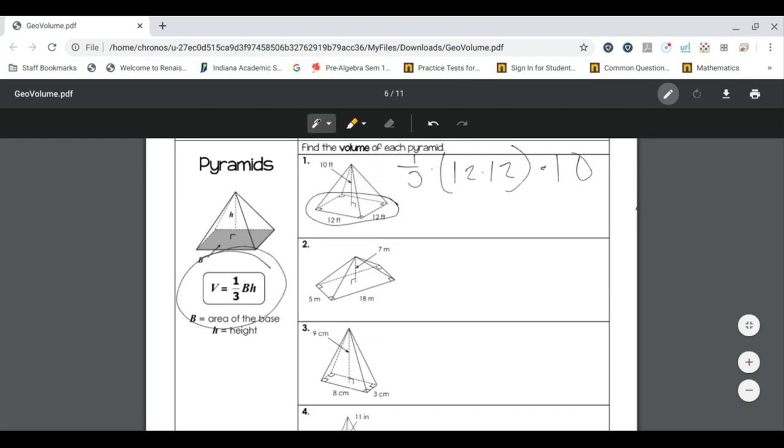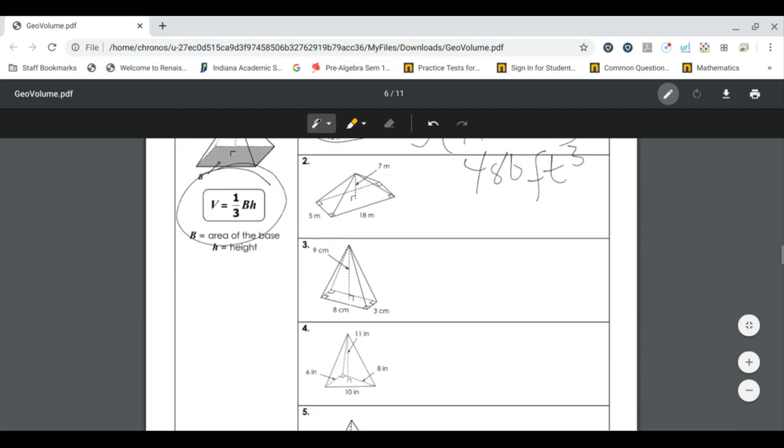And you have all the formulas right there. So you're going to take 1/3 of 144 times 10. Okay, so when you get that, your answer is 480. So this one's 480 feet cubed. Remember, we're doing volume.